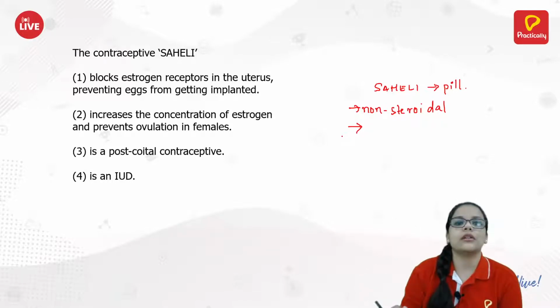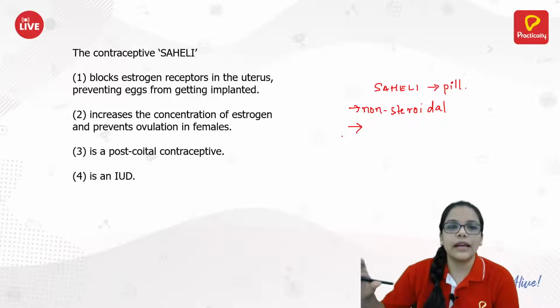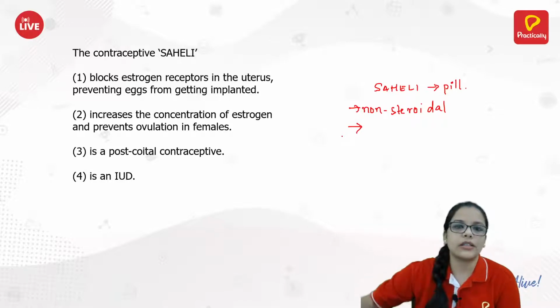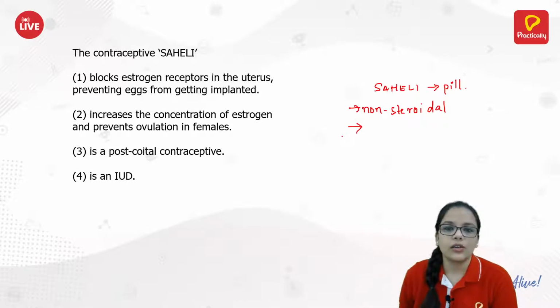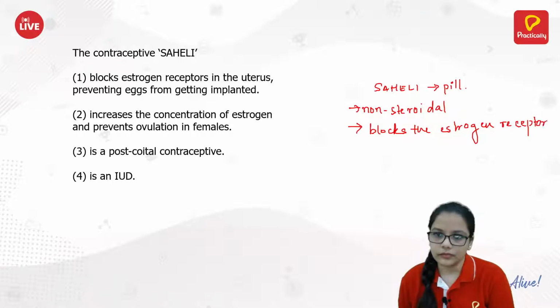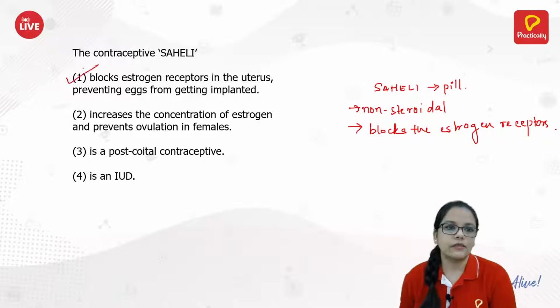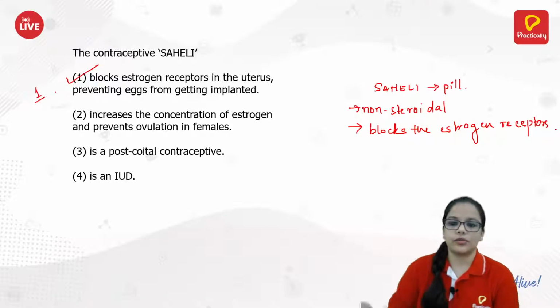When the blocking happens, the eggs do not get implanted in the uterus. So that is what it does. It blocks the estrogen receptors. Okay, so number 1 is the correct option.